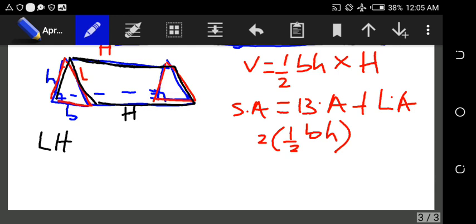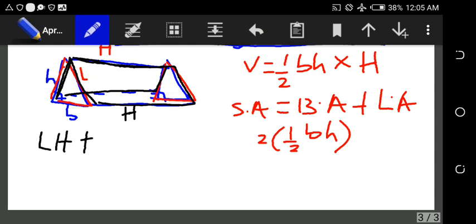Alright, now let's consider the other one behind, that is this one. If you consider that, now we'll have the length of that side to be capital letter H, while the breadth of it will be the small h that we have on this side.